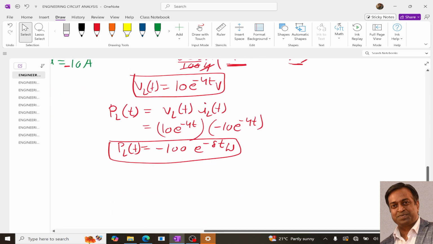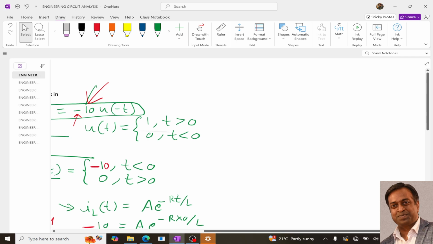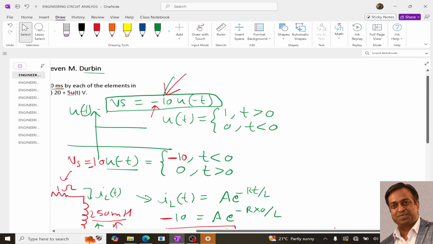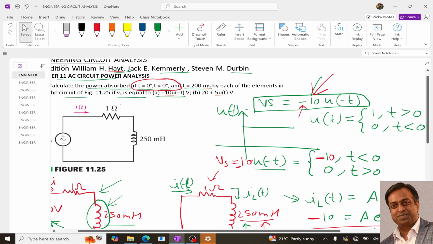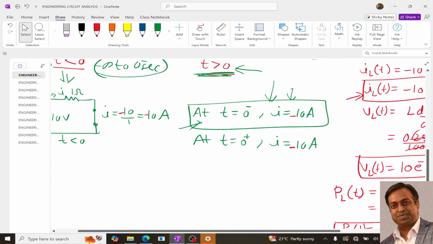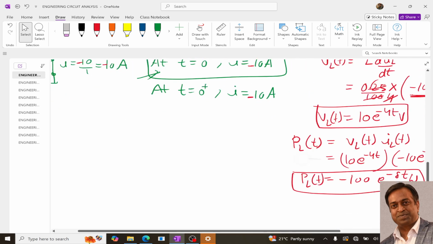Now, since the question is that we need to calculate the power absorbed by the resistor and the inductor at t equals 0 minus, 0 plus, and at t equals 200 milliseconds, now we will evaluate it.